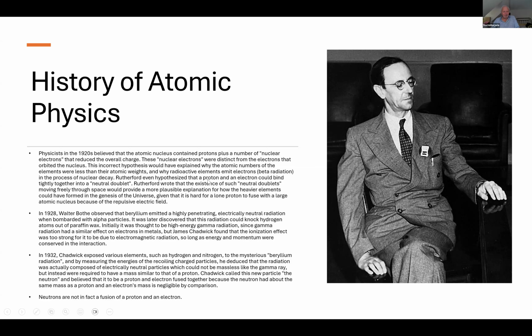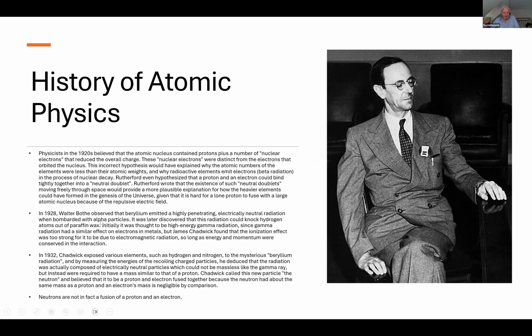So Rutherford hypothesized a proton and electron could not bind together into a nuclear neutral doublet. In fact, what happens with a neutron is when it decays, after about 10 minutes, if it's left in free space, a neutron will decay into a proton and electron and a neutrino, a small itty-bitty neutrally charged particle, a neutrino.